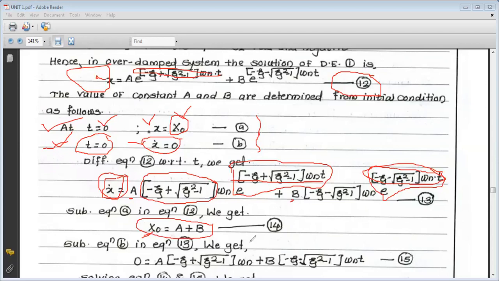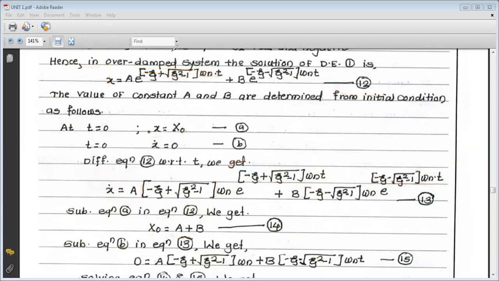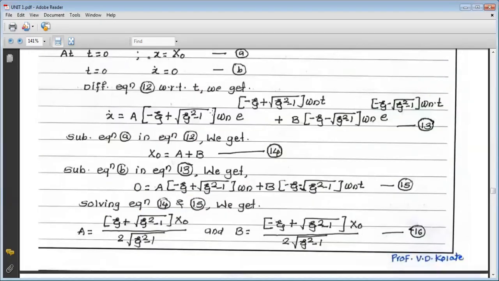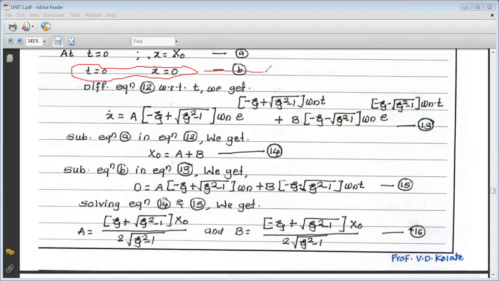Now we have to put the second condition. What is the second condition? At t equals 0, x dot is 0. So this condition we have to put in equation number 13. x dot is 0, so 0 is equal to, now the value of t is 0, so e raised to this term becomes e raised to 0, which is 1.